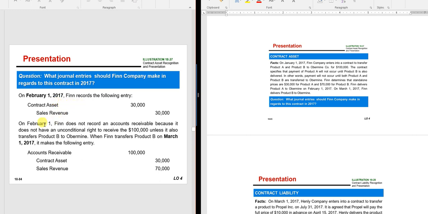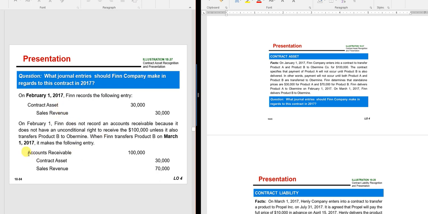But anyway, on February 1st, they do not record the accounts receivable because they do not have an unconditional right to receive the $100,000 unless they also transfer product B. But when they transfer product B, then that triggers the $100,000. So you might want to put contract asset, pending accounts receivable. Maybe that's a better word for it. Contract asset dash pending accounts receivable.